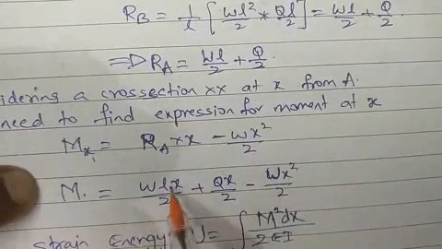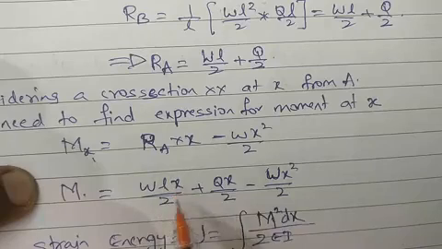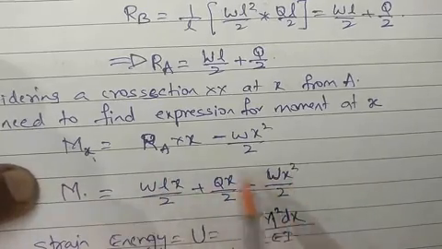So M is equal to, when we substitute Ra, WLx by 2 plus Qx by 2 minus Wx square by 2. This is the expression for moment.